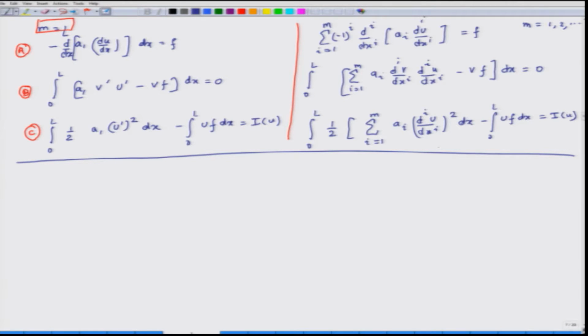So these are general equations, and the earlier ones are for the m equals 1 case.